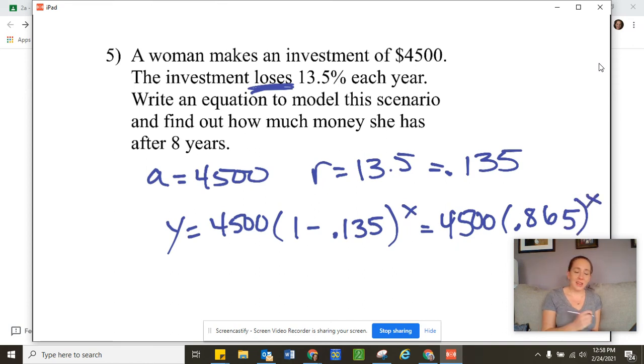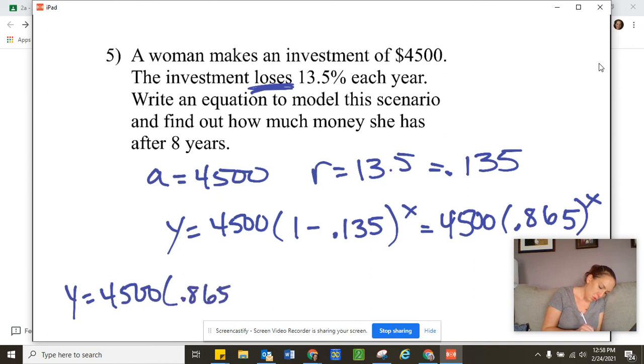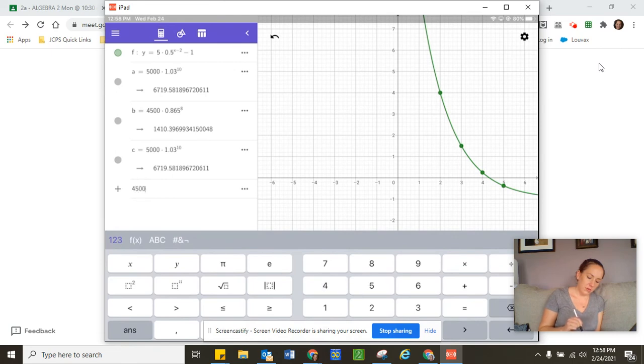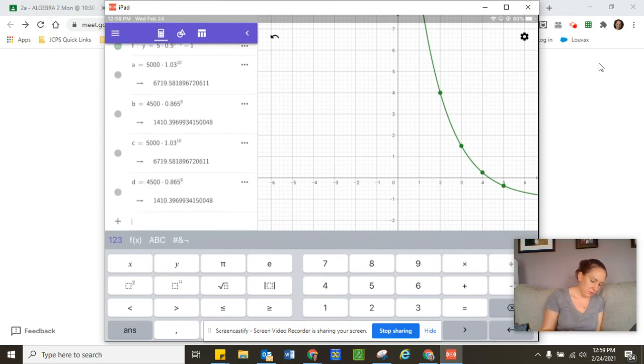To figure out how much money she's got left, which isn't going to be much, I'm going to plug in 8 for x. All right, so 4,500 times 0.865 to the 8th equals 1,410.39.